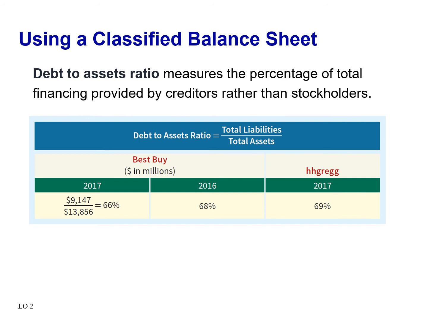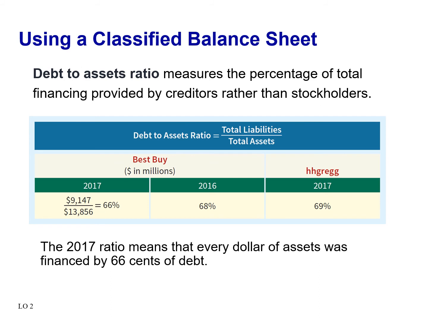Debt financing is riskier than equity financing because debt must be repaid, whether the company is performing well or not. The higher the percentage of debt financing, the riskier the company. So the higher the percentage of total liabilities or debt to total assets, the greater the risk that the company may not be able to pay its debt as they come due.